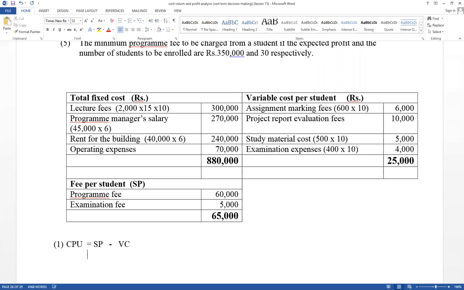Therefore, as the selling price you have to consider the fee per student, 65,000, minus the variable cost of 25,000. Therefore, 65,000 minus 25,000, contribution per unit equals 40,000 rupees. This is requirement one. Very important: you have to know how to recognize fixed cost and variable cost.